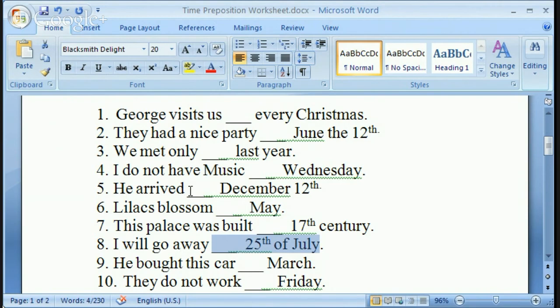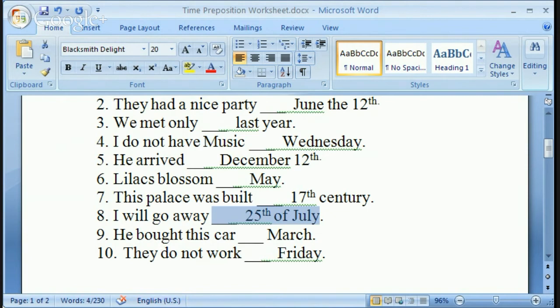Maybe we do reduce it slightly, but it's barely noticeable because on is already one syllable. It's already a relaxed vowel sound. Maybe slightly. He arrived on December 12th. Yeah, a little bit. Okay, thanks. You're welcome.